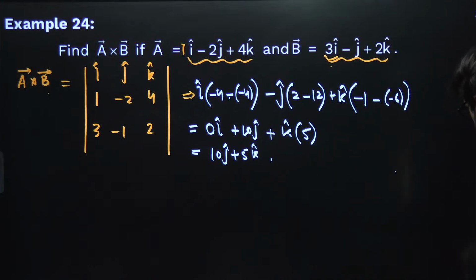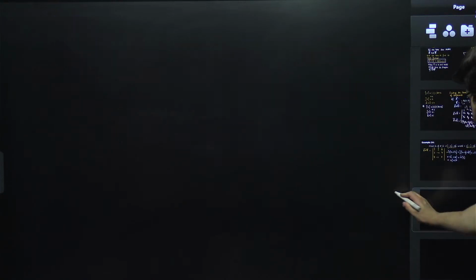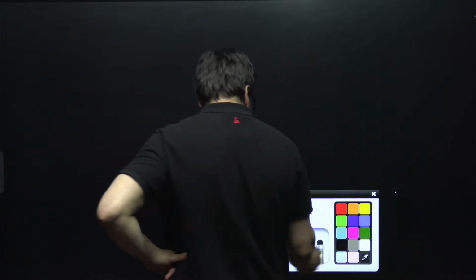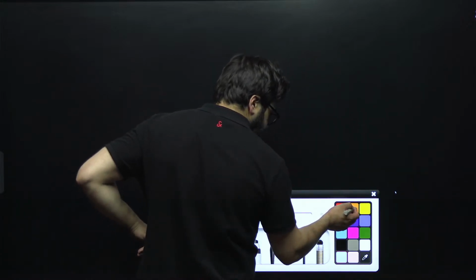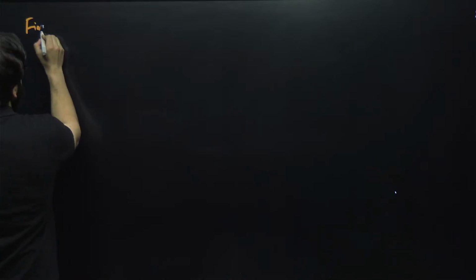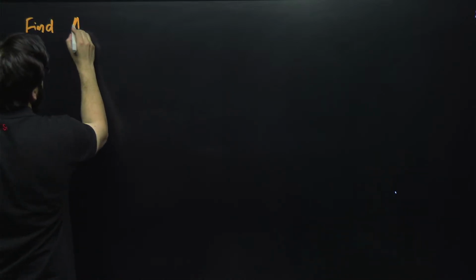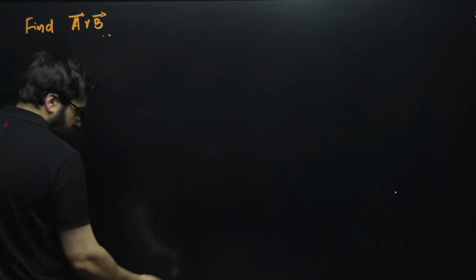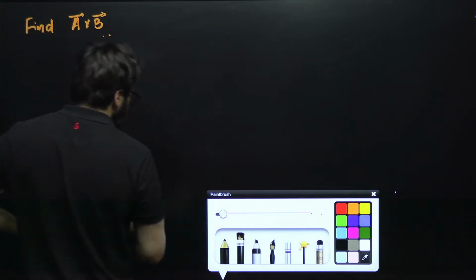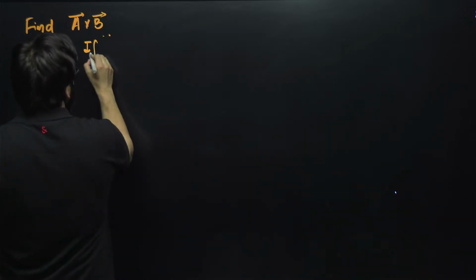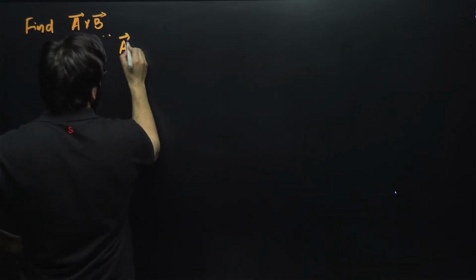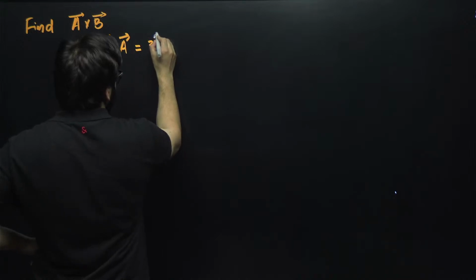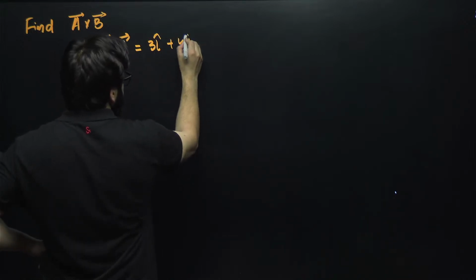Okay. So my dear friends, let me give you a question which is your homework. Question is: find A cross B, if A vector is equal to 3i cap plus 4j cap.